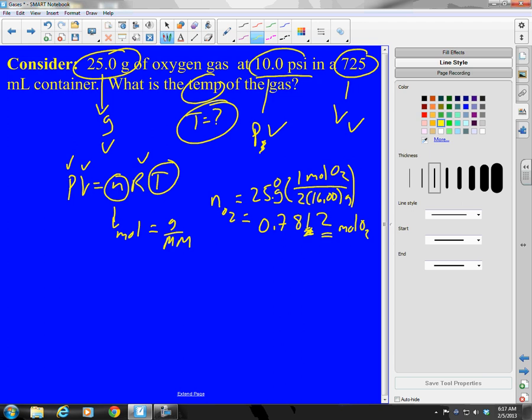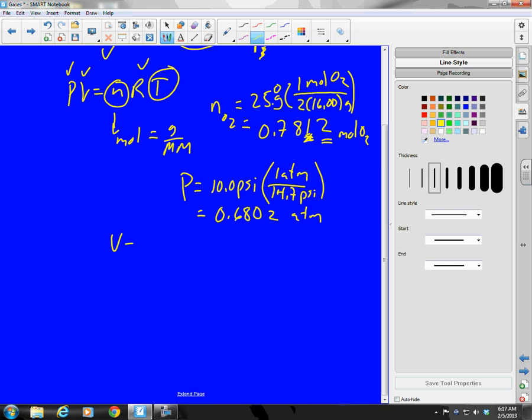I have psi, but I need to have pressure in atm. So I have 10.0 psi times what? Well, 1 atm per 14.7 psi. Okay, so let's take 10 and divide it by 14.7, and I get 0.6802 atmospheres. Okay, good. I need volume in liters.